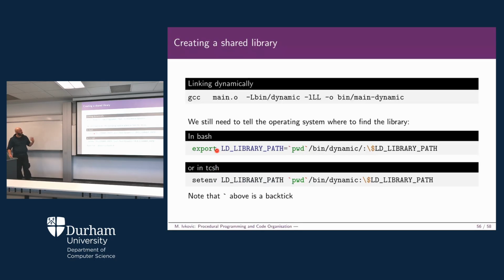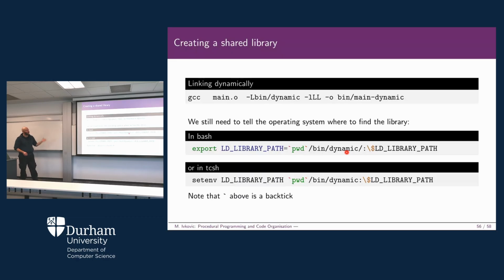You set up an environment variable which is called LD_LIBRARY_PATH, which usually already contains some values. Now note the backticks here. This in Bash means execute a command. pwd is print working directory, so it will print the path where you're currently at and we just add the bin dynamics, so the directory where we're at.